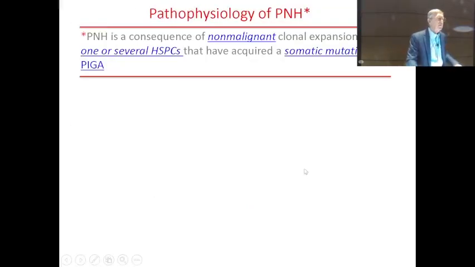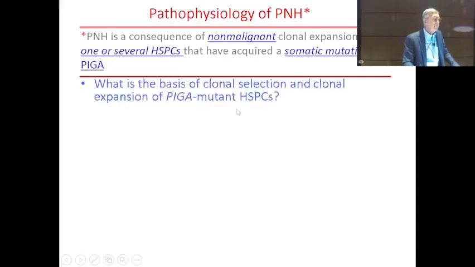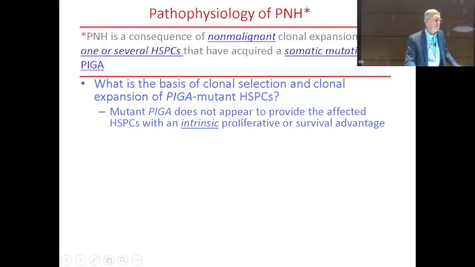So, getting back to the pathophysiology of PNH, I'm going to again remind you that this is a clonal disease, but it is not a malignant disease. So there's clonal expansion of one and usually several hematopoietic stem or progenitor cells that have acquired a somatic mutation in PIG-A. So what is the basis of clonal selection and clonal expansion in PIG-A mutant hematopoietic stem cells?